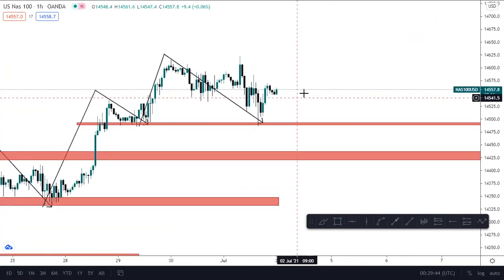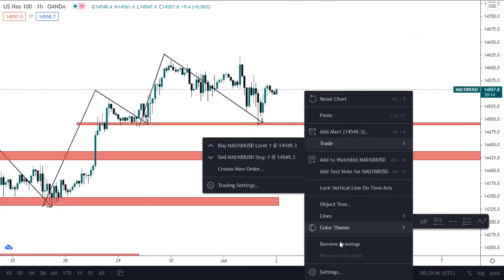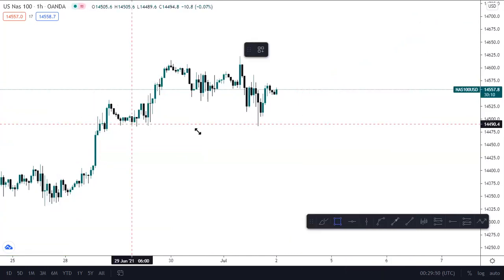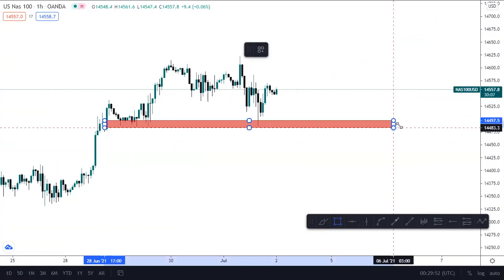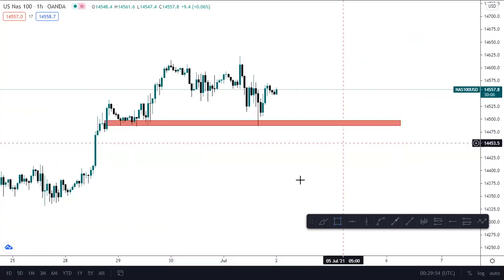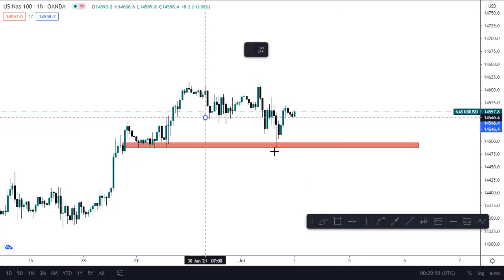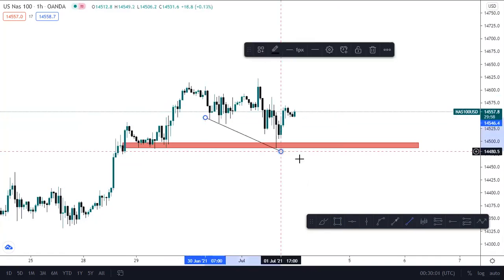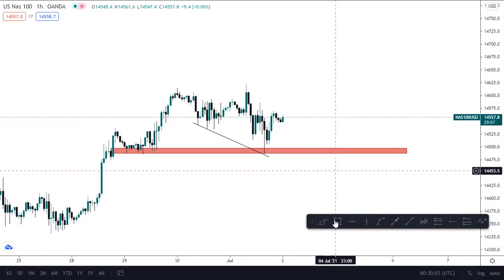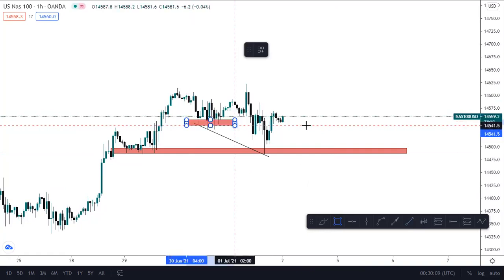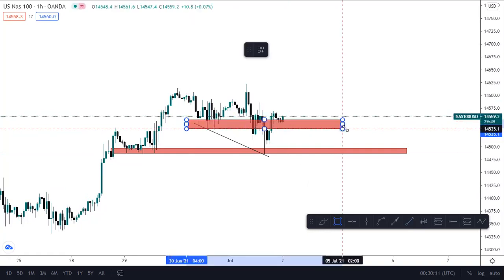I would like to get rid of these lines. So let's mark this level here. What we currently have right now is this pattern here. And if you can see, we had a bit of support right here, which we can extend to the right.